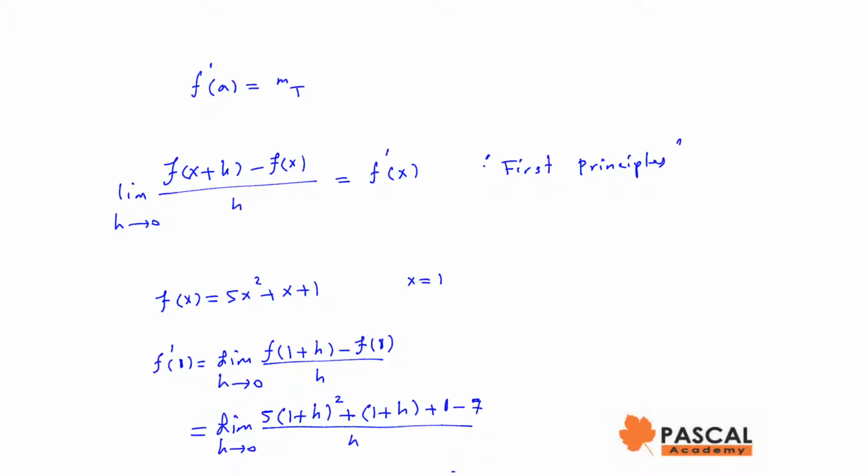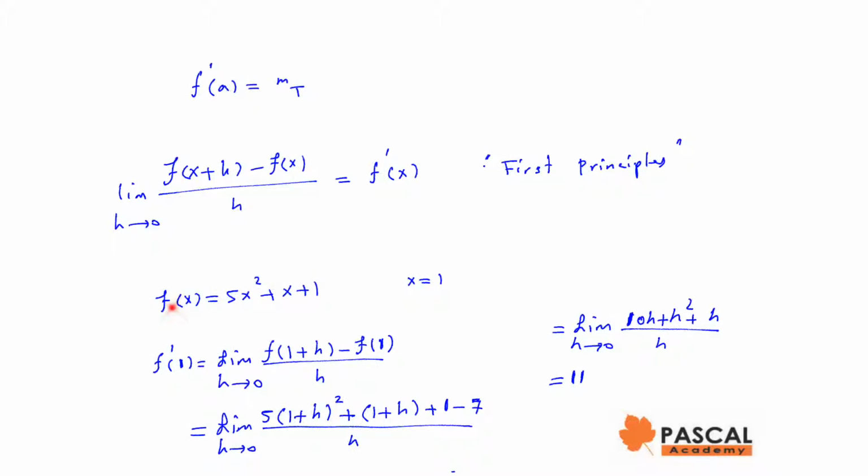If we expand the numerator and simplify it, the limit would be the same as the limit of 10h plus h squared plus h over h as h approaches 0, which is 11.